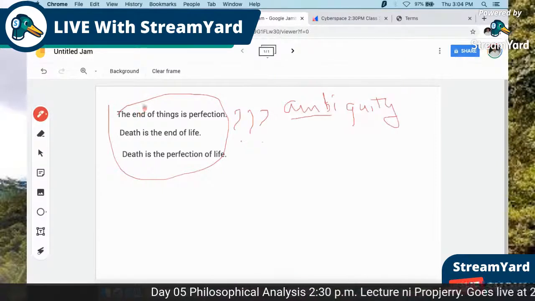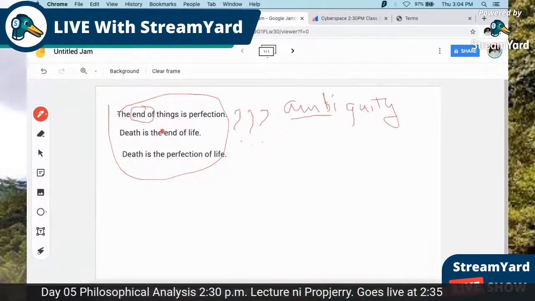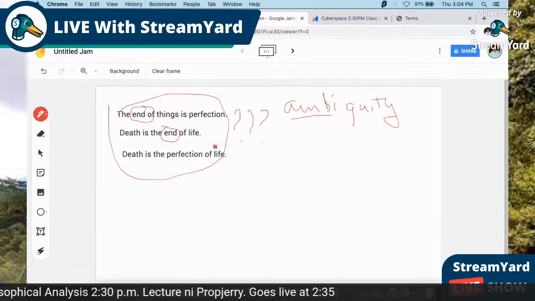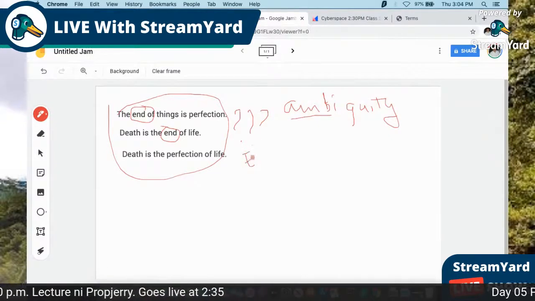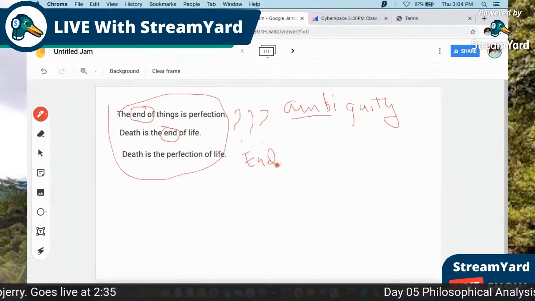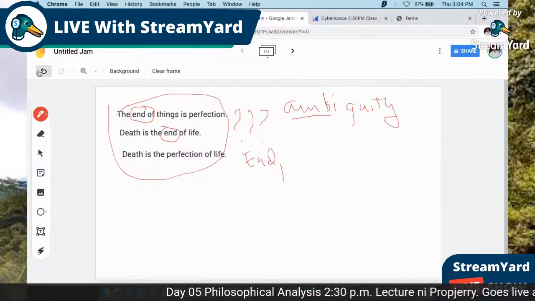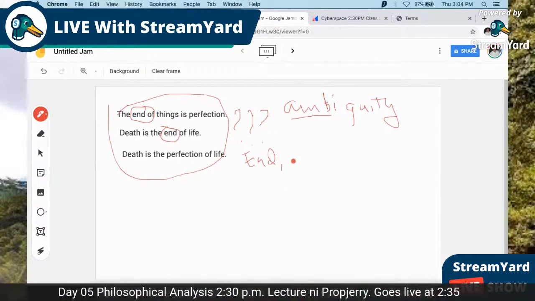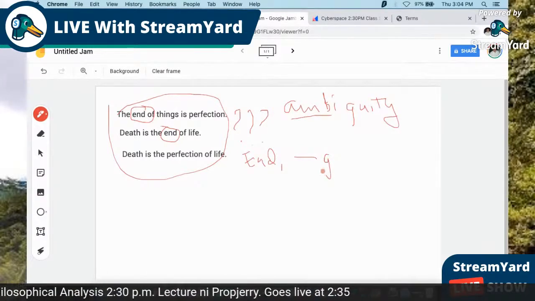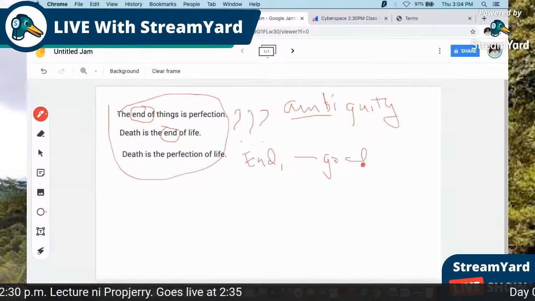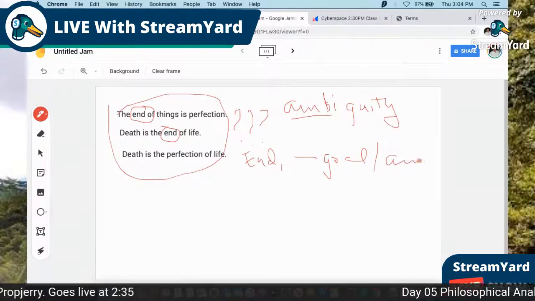You see, focus on the term "end" here and there. In the first sentence, what you mean by "end" is goal or aim. Goal or aim.